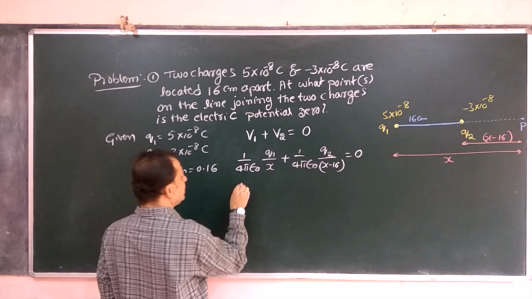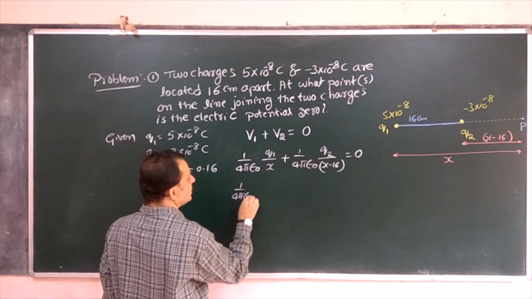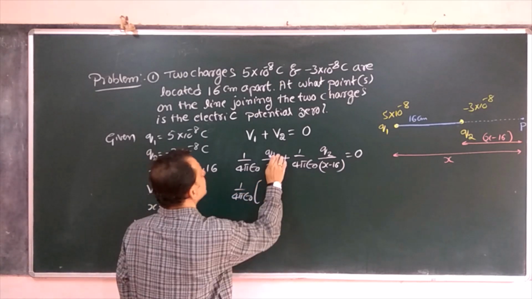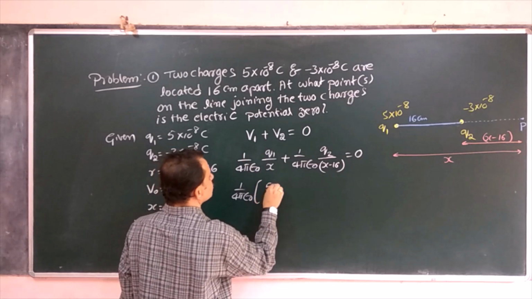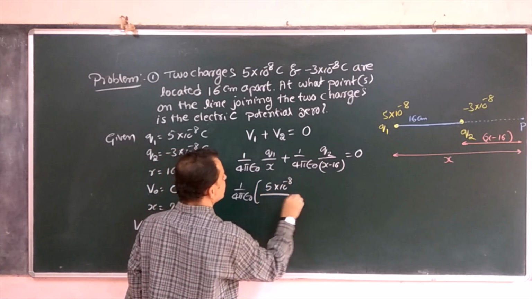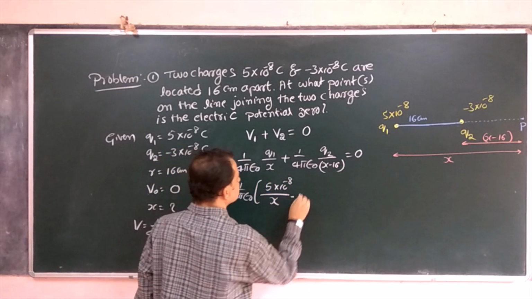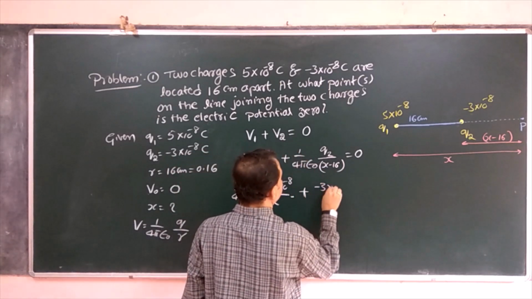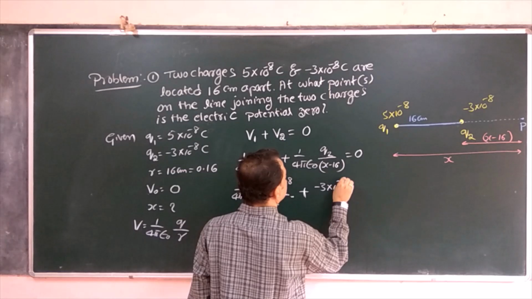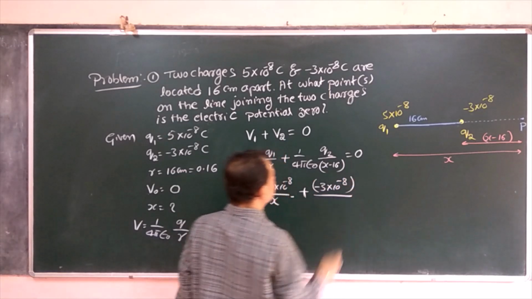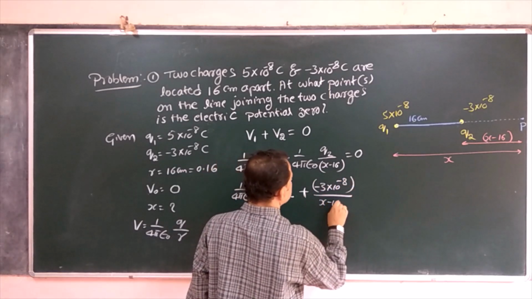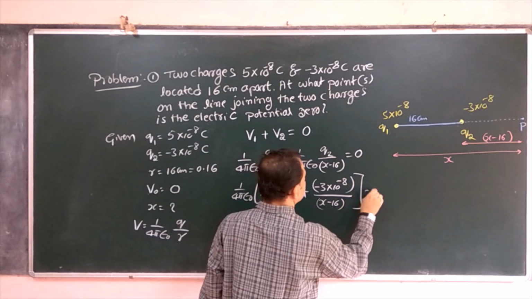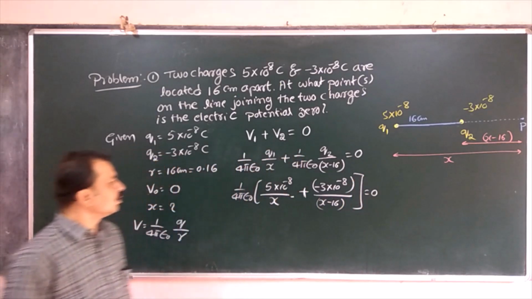So take the common 1 divided by 4 pi epsilon naught. The q1 value we know: 5 into 10 to the power of minus 8 divided by x, plus the q2 value minus 3, we must consider the minus sign as well, divided by x minus 16, that should be equal to 0.